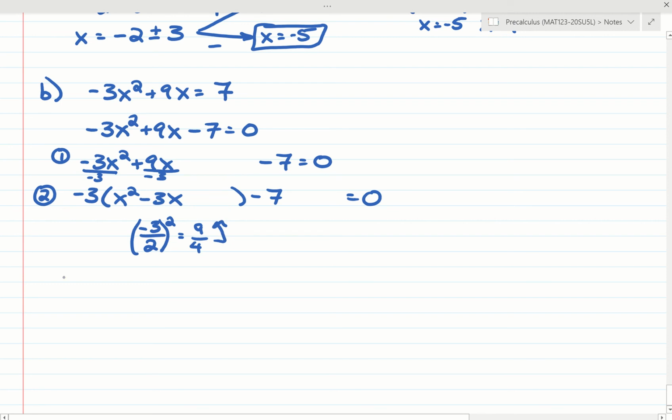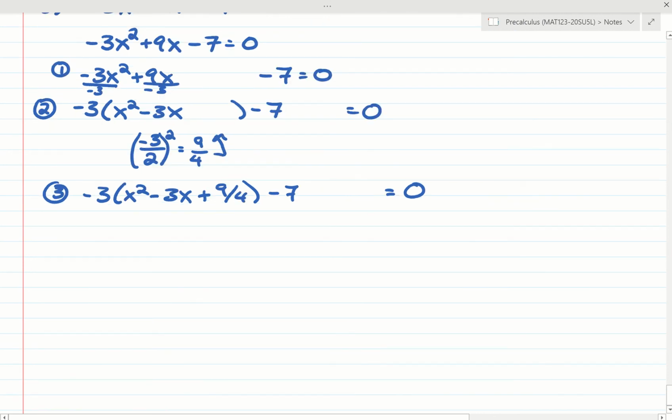So let me write this all out in our steps. The third step, we would get negative 3 times x squared minus 3x plus 9/4 minus 7 is equal to 0. For our last step, what we do is we take our new number, multiply it by the front, and then subtract it.